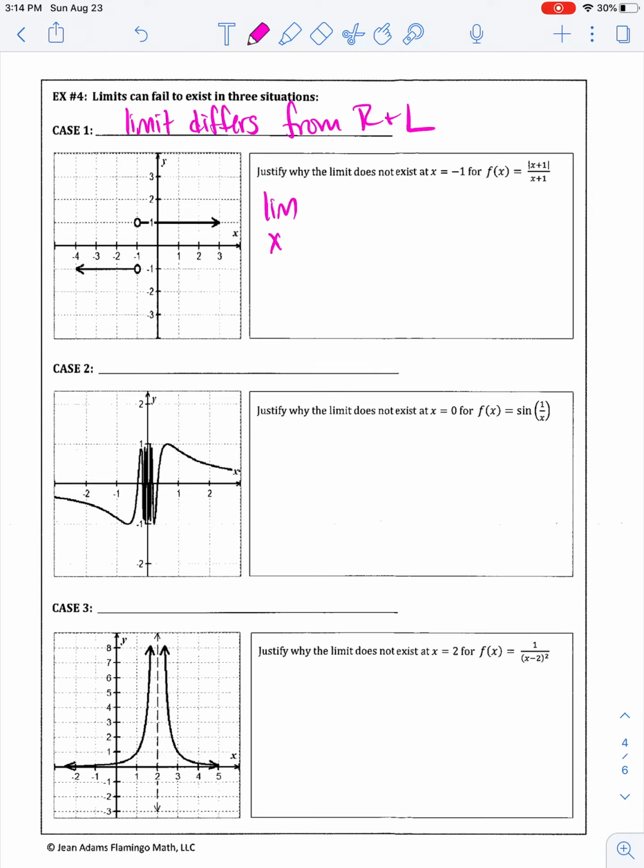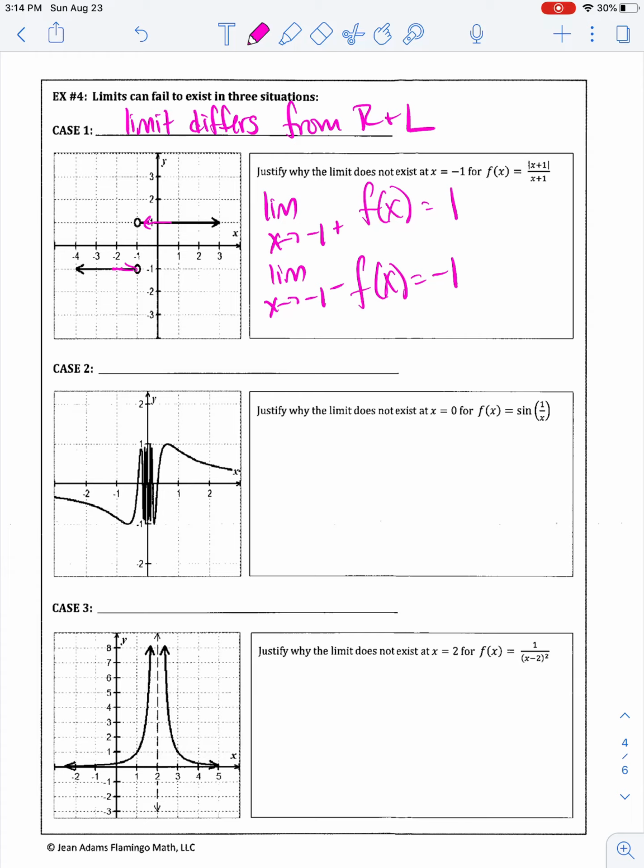So if we look at the limit as x approaches -1 from the right of f of x, that's going to give me a 1. Then the limit as x approaches -1 from the left of f of x equals -1. Those are 2 different places.